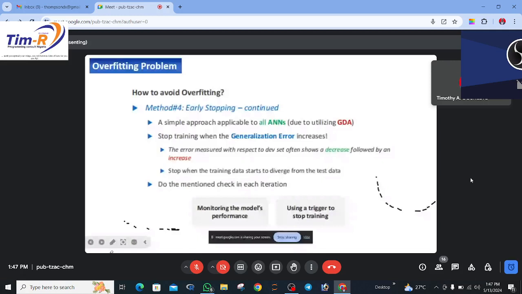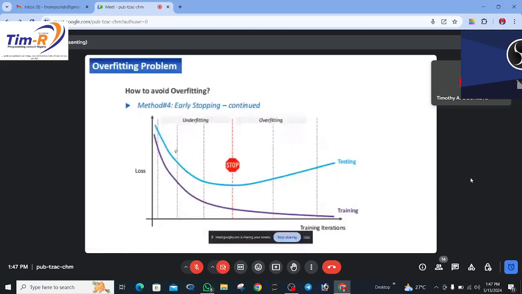If the training is this, and then we start having issues whereby validation starts going away from the training itself, then we have what they call overfitting. As in this case, whereby it goes this way continuously and keeps going this way, this is underfitting, so it's not moving closer.